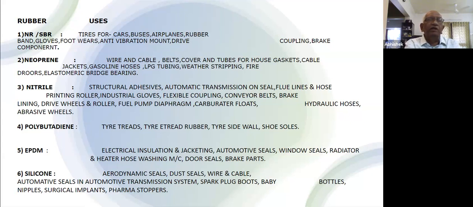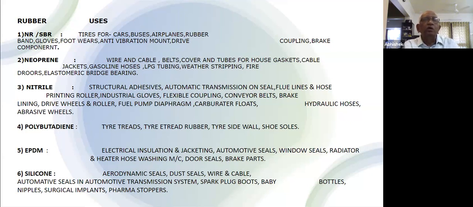The next polymer is nitrile rubber. Nitrile rubber, as I told you, is nothing but acrylonitrile polybutadiene rubber. It is used in various adhesives, structural adhesives, automatic transmission seals, fuel lines and hoses.